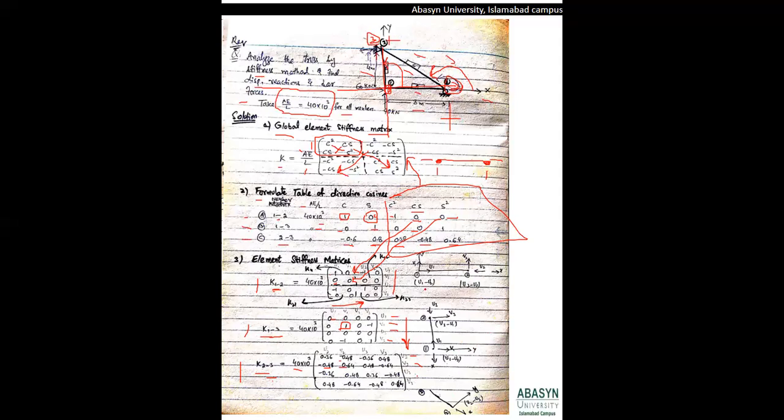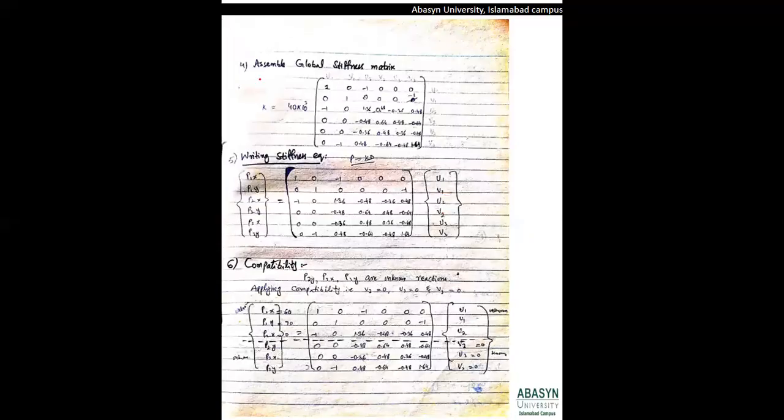I have explicitly mentioned them here as well. So once we have these element stiffness matrices, in the next step we are going to assemble them into a single matrix, and we call it the global stiffness matrix.